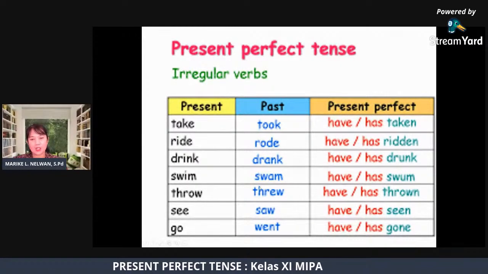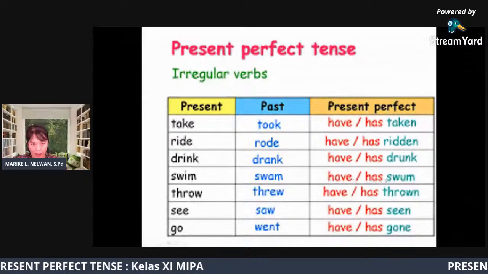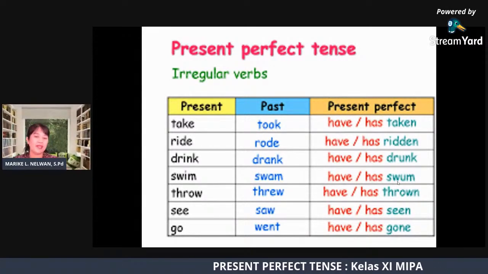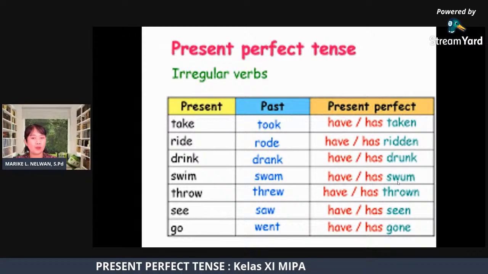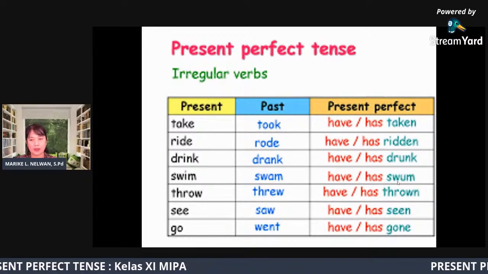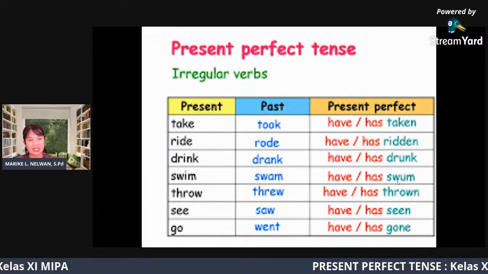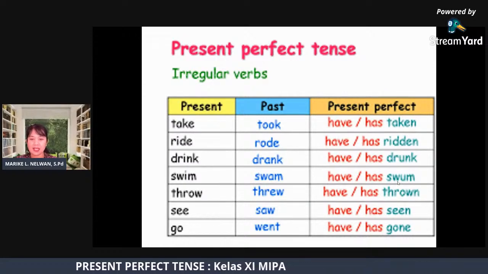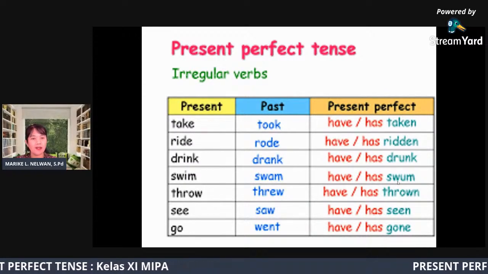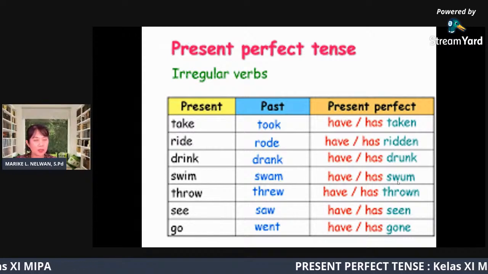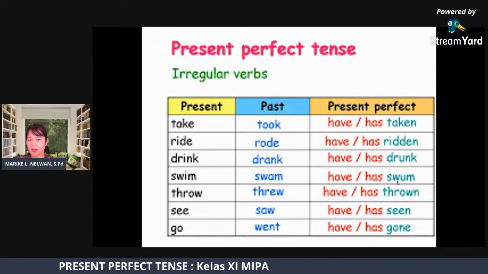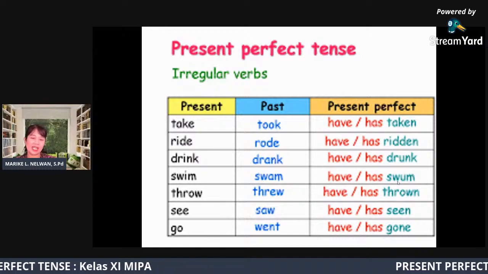Swim, swam, swum. Untuk present perfect, dia akan menjadi swum. Throw, threw, thrown, melempar. Jadi present perfect-nya akan menjadi thrown. See, saw, dia akan menjadi seen untuk bentuk ketiganya. Go, went, gone untuk bentuk ketiganya.